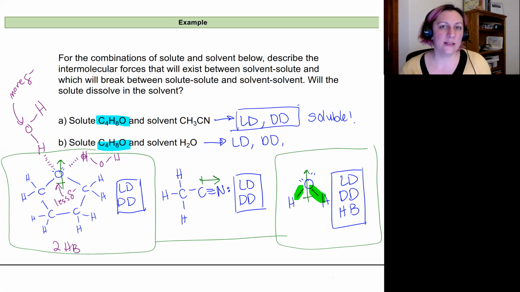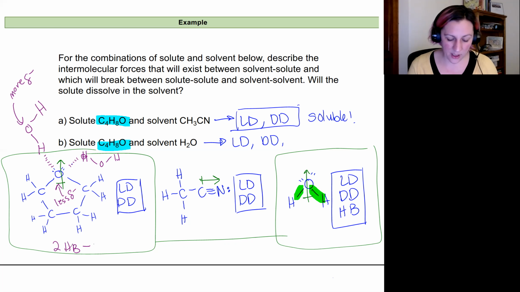And so it's not as strong of an interaction as the hydrogen bonding that's going to take place between the water molecules. So we'll see some, but it's going to be weaker than what we had before. So we can say that it has hydrogen bonding interactions, but they're weaker than the water ones.